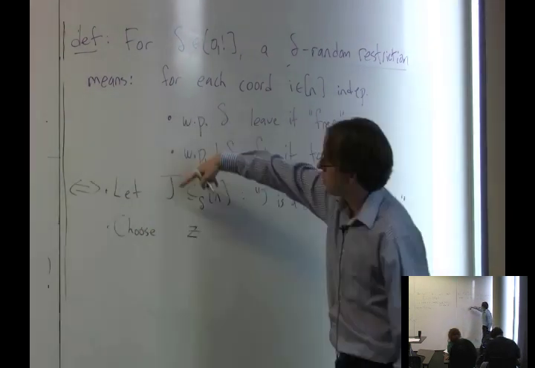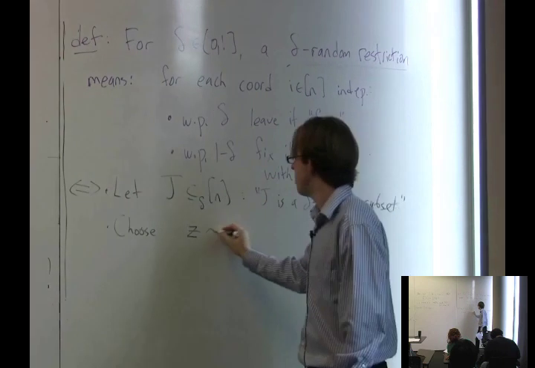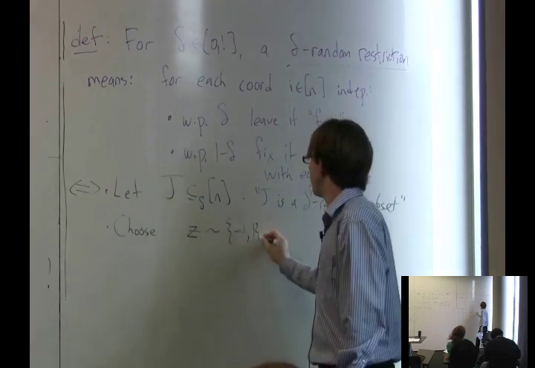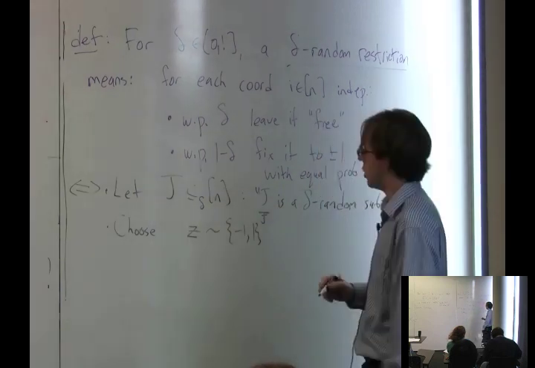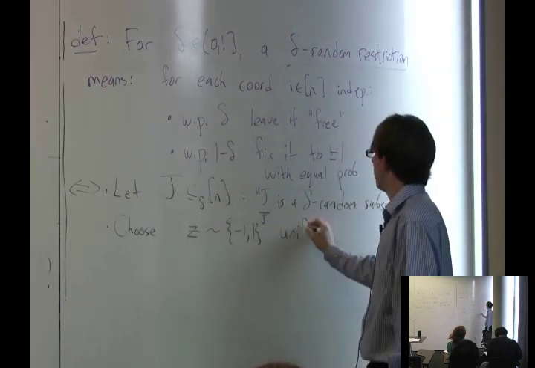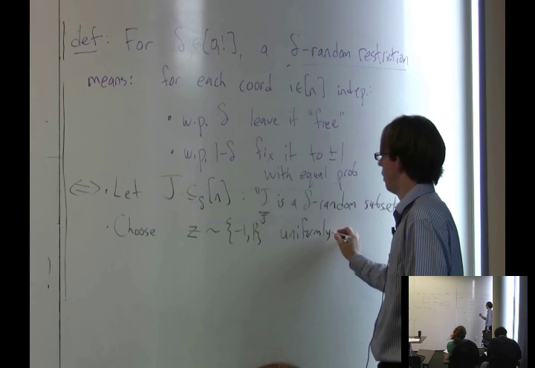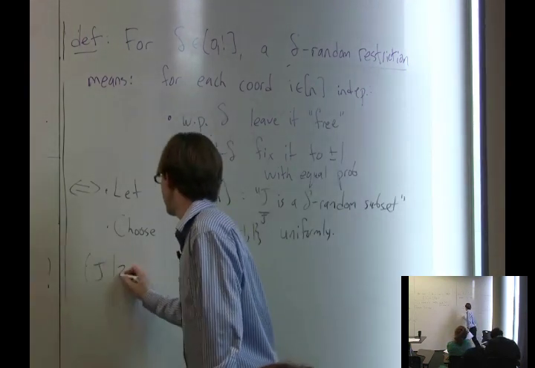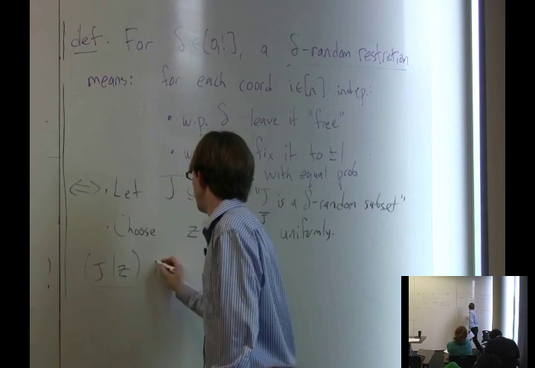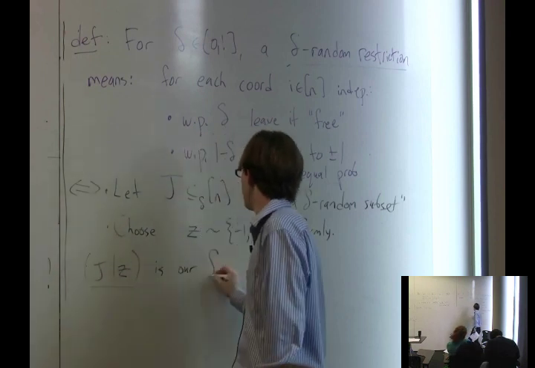This will be the domain of the new function, and then you choose bits uniformly at random from the complement of J, which we were denoting by J bar. Okay, and then together, this pair, J and Z, is our delta random restriction.